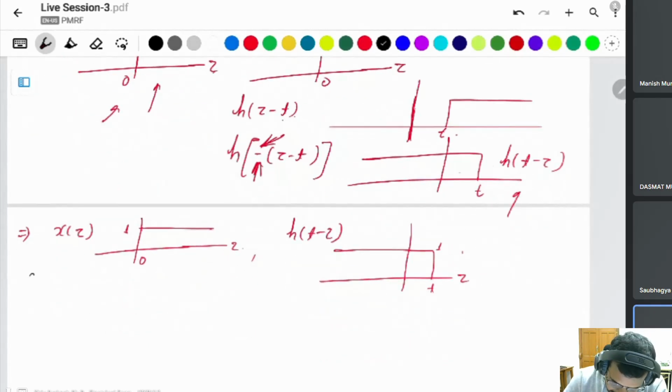Case first, if t is less than 0, it means this t is somewhere here.